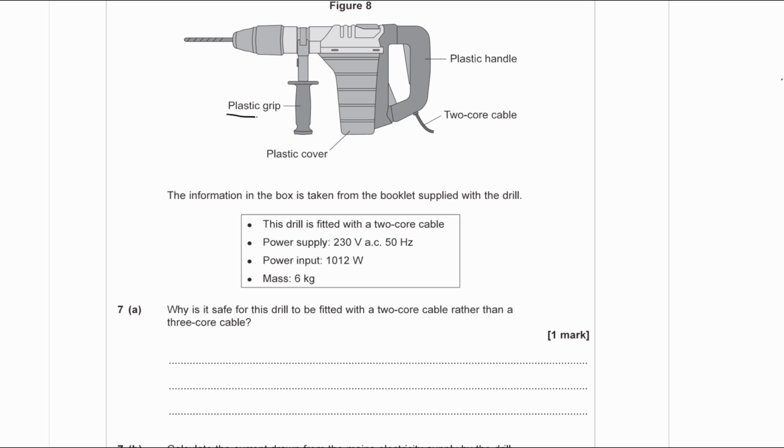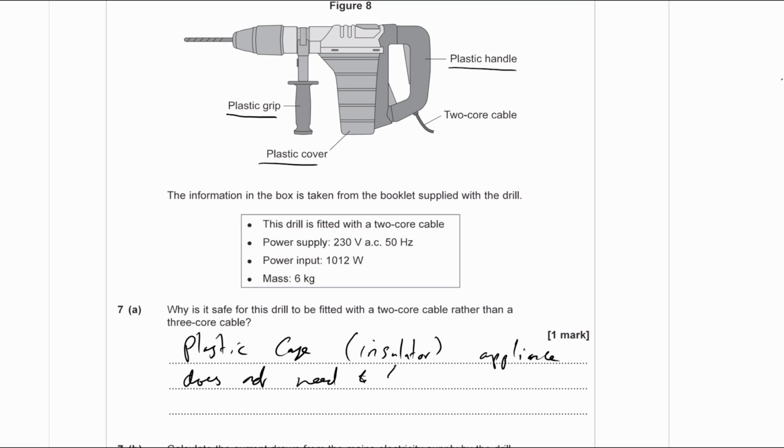We can see from the plastic grip, the plastic cover and the plastic handle that this appliance has a plastic case. So plastic case, and plastic is an insulator, right? So the appliance does not need to be earthed.